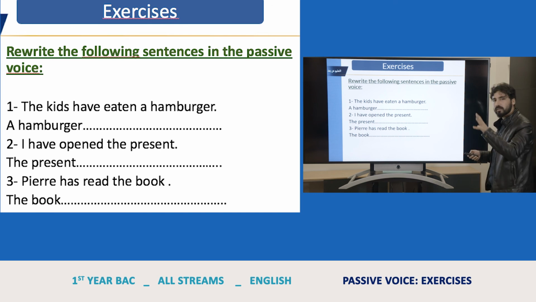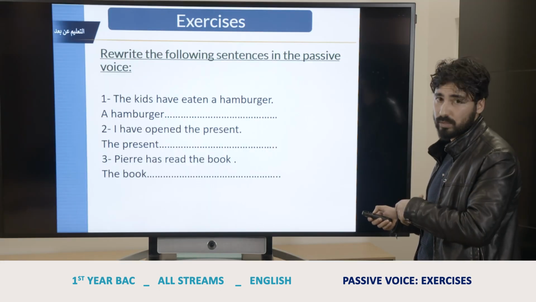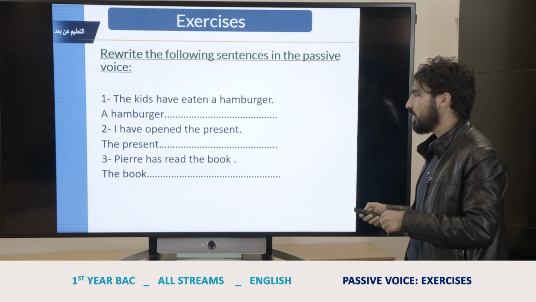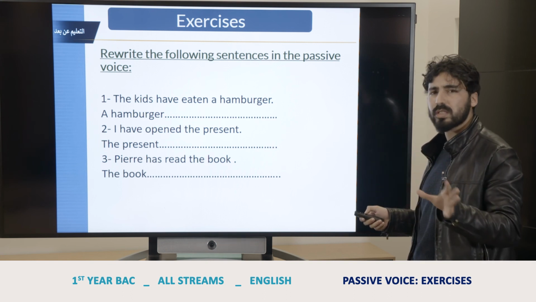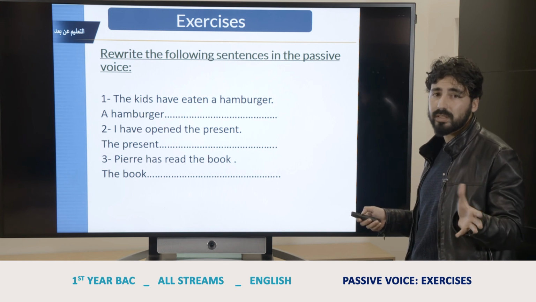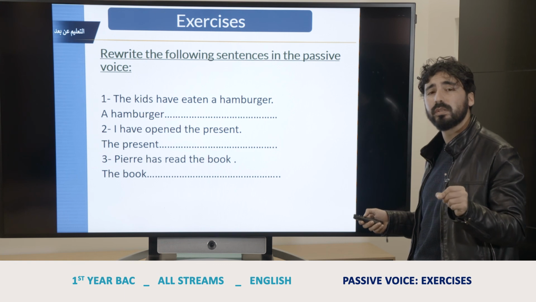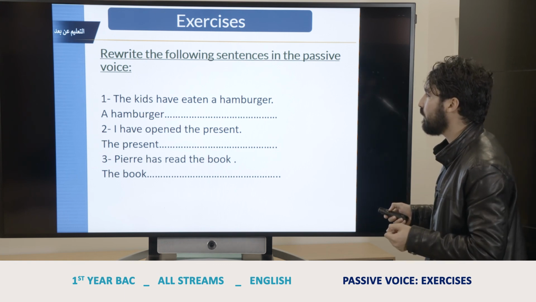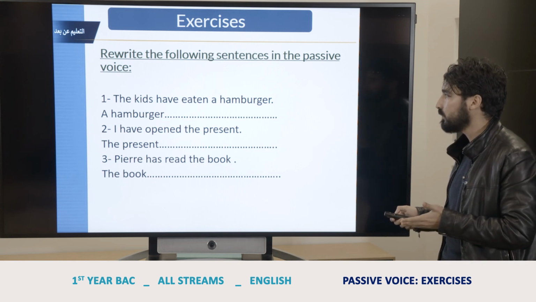So have eaten, the whole is present perfect simple of the verb eat. The same thing for have opened and has read. So what does it mean to have passive voice in the present perfect? It means simply that we're going to add verb to be in the present perfect. So the object here, as it is obvious, is hamburger.